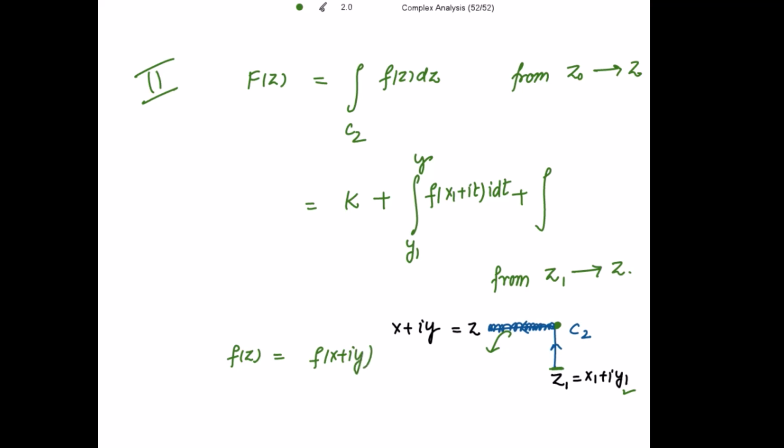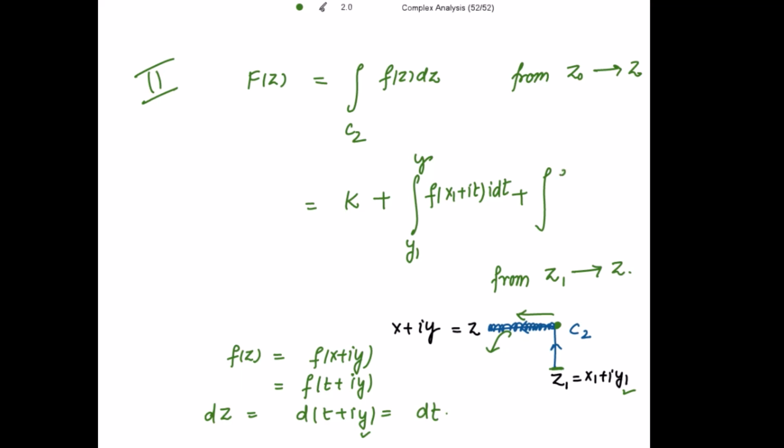Very fine. What is constant, x or y? We are moving along this. So what is constant? Y is constant. So I'm taking the variable x to be t plus iota y. So dz becomes dt plus iota y. Because y is constant, this becomes dt, right?